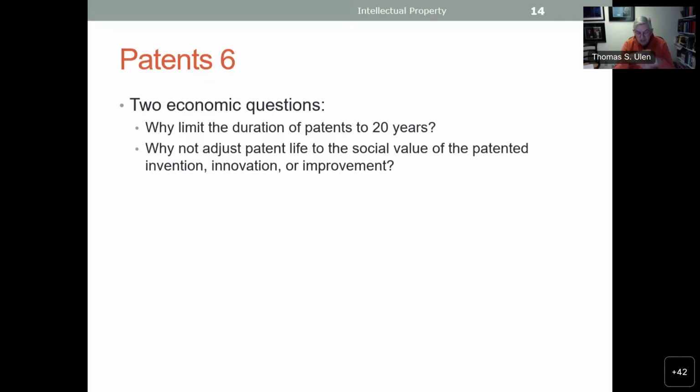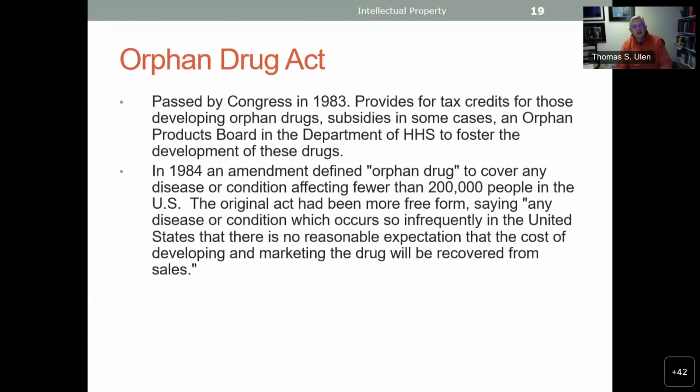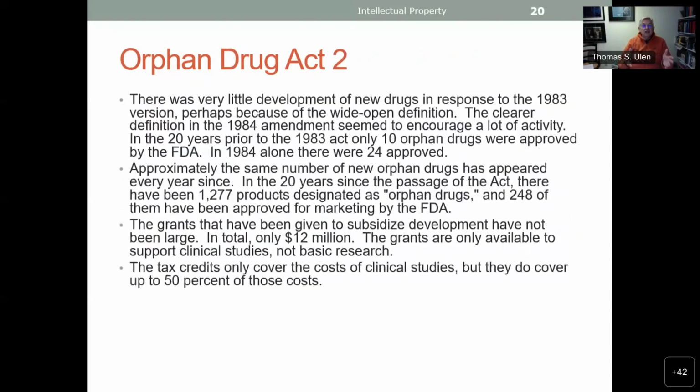The slides, I'm not going to read them because we are short on time, but the slides between 19 and 23 discuss one attempt to talk about a way to encourage people to invest resources in innovations that would only affect a few people. The Orphan Drug Act is a fantastically interesting idea from the United States Congress.